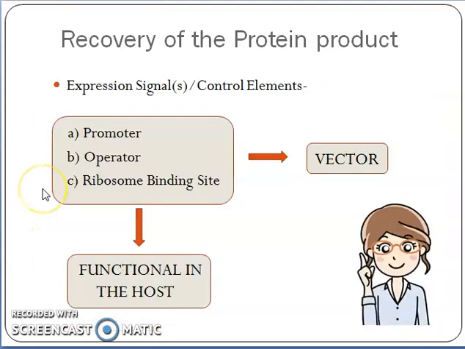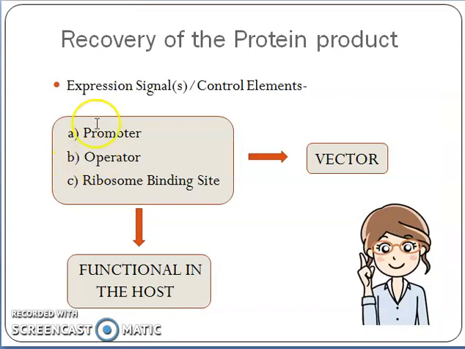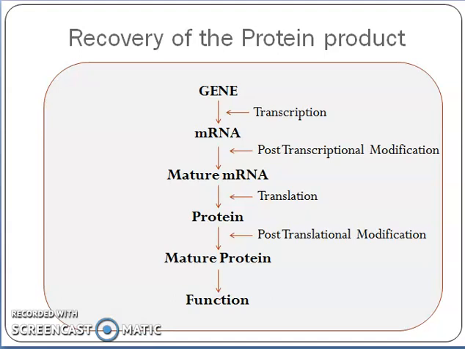The operator is a region which is present downstream to the promoter and which is concerned with the control of the transcription level of a particular gene. The ribosome binding site, as the name suggests, is a site where the ribosome binds and initiates the process of translation. So all three control elements are very critical for the successful carrying out of the process of gene expression.